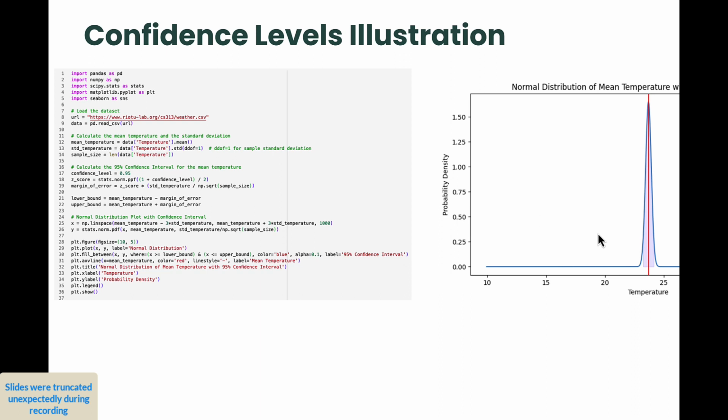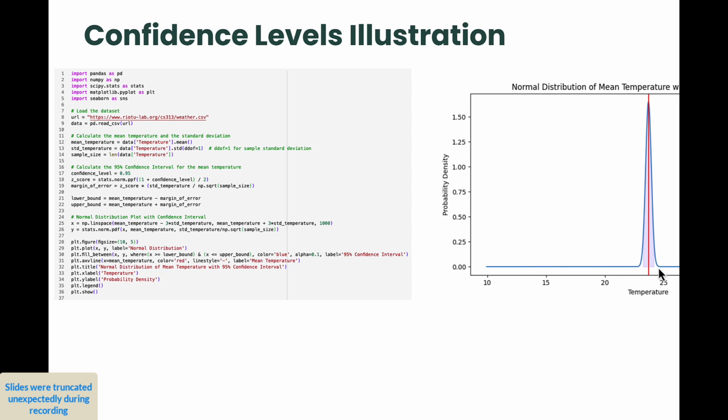But the best way, look now, I'm representing the uncertainty or the confidence interval using a normal distribution. I've taken the same weather data, and I wanted to measure the distribution of the average values on that data. Look what I've done here. We calculate the mean temperature and the standard deviation on the whole sample, and then this is the confidence interval.